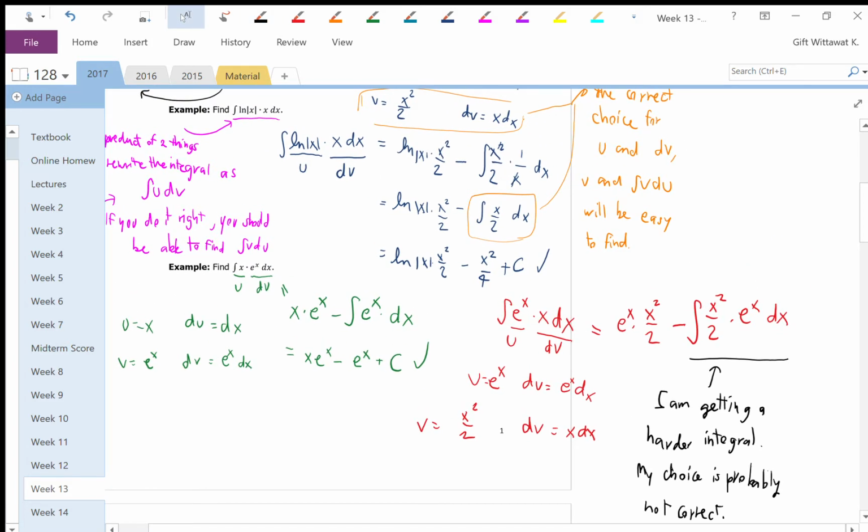So when you make this choice of u and v, you end up getting another question instead of just x. You actually get x squared over 2. So you're getting into a harder integral. So that means your choice of u and v here, when I do it the second time, is probably not correct.